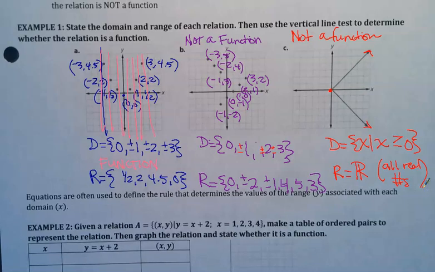No, because it would be less than as well as greater than 0. We're including all of the numbers below 0 and all of the ones above 0. So it'd be all real numbers. Good question.